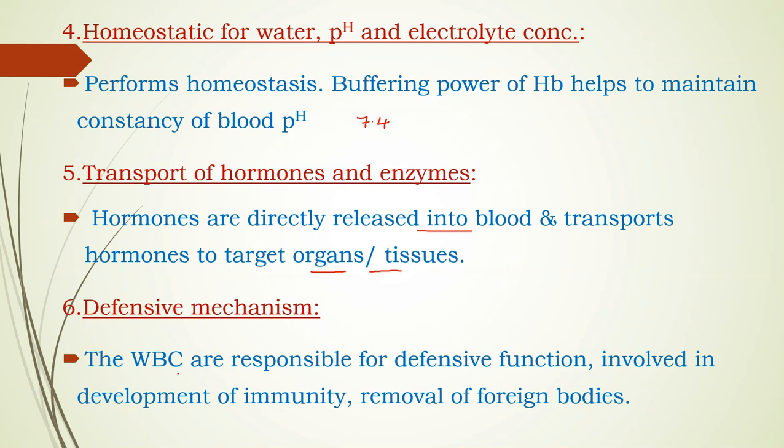How? It is the WBC which is responsible for the defense function, and the WBC is involved in the development of immunity, the B lymphocytes and T lymphocytes, which ultimately help in the removal of foreign bodies like viruses, bacteria, and other pathogenic substances which invade our body.